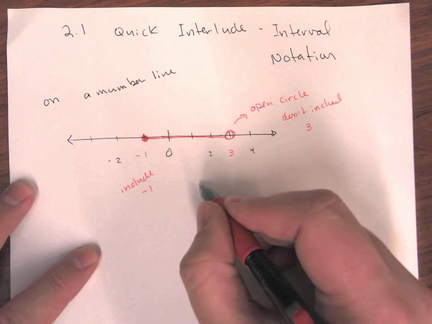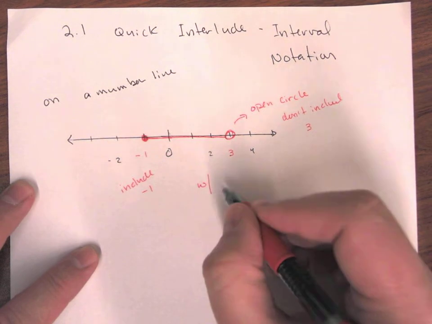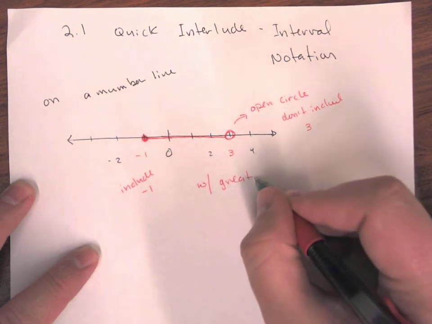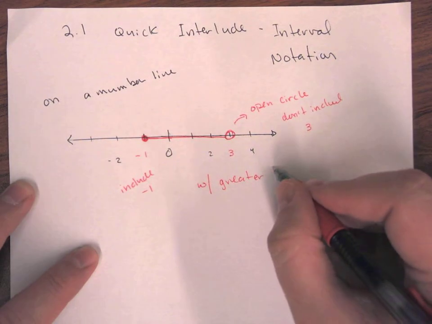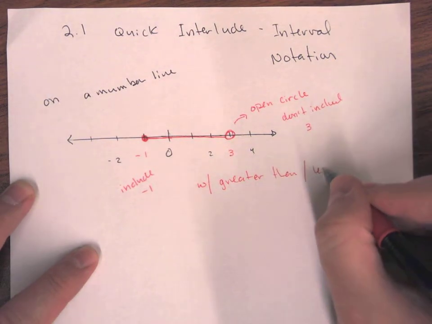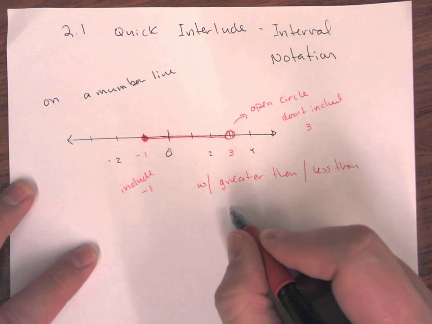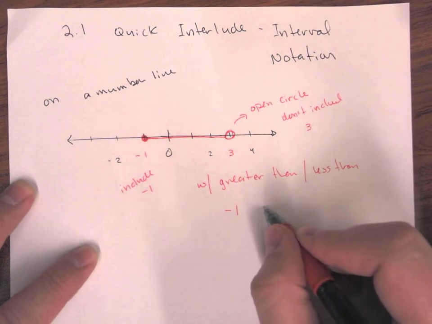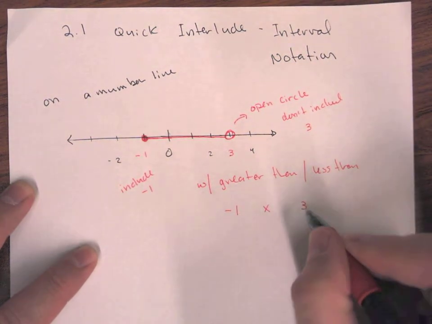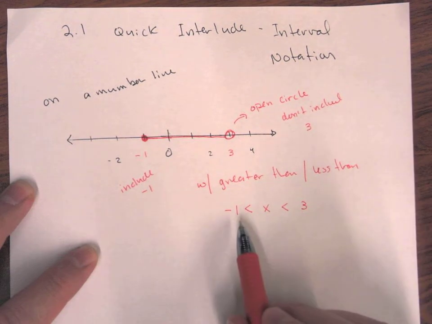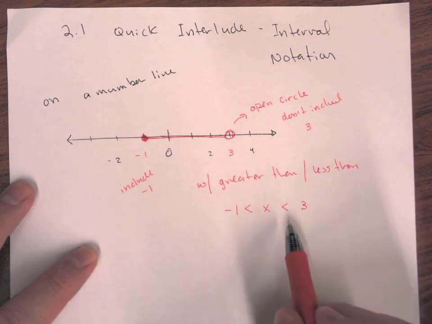So you could write this with greater than, less than, alligator mouth notation. You would say we're starting at -1, we have our x's, and they're going between -1 and 3. So we're greater than -1, we're less than 3.